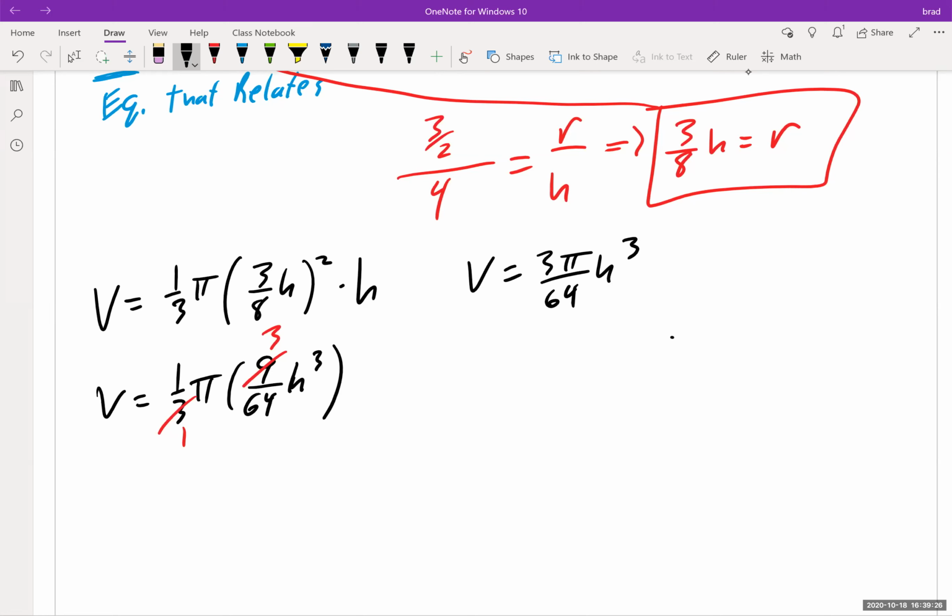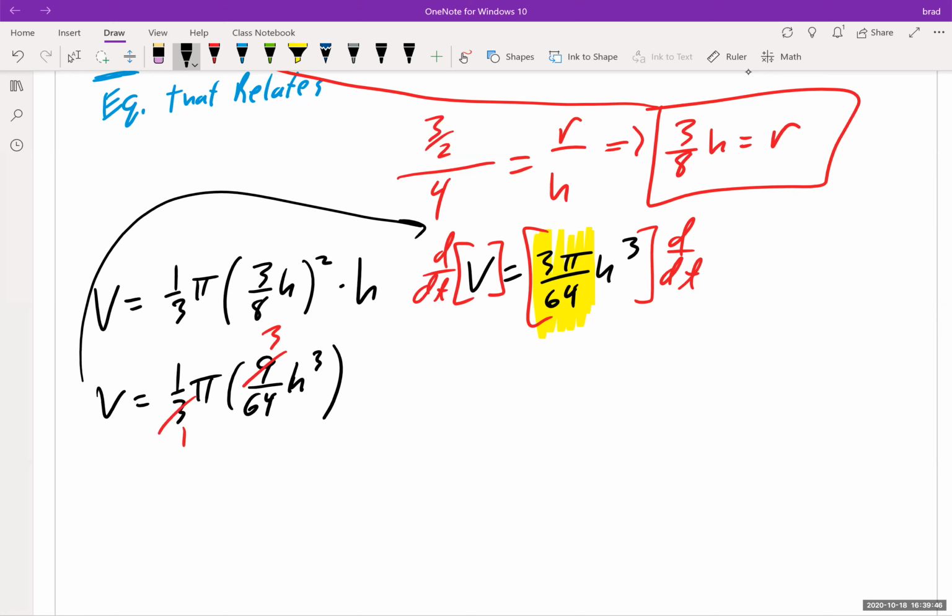Okay. Now the reason I'm writing it as 3 pi over 64 is so in my mind, I know that this is a constant. So I don't have to use a product rule or anything. I'm just going to use the constant multiple rule. So I'm going to DDT both sides now. And when I DDT that, I end up with dV dt is equal to 3 pi over 64.